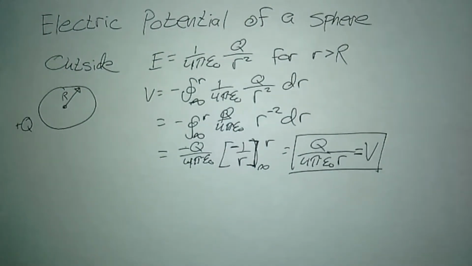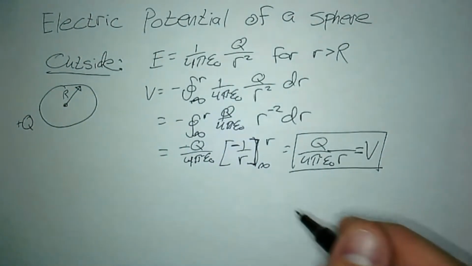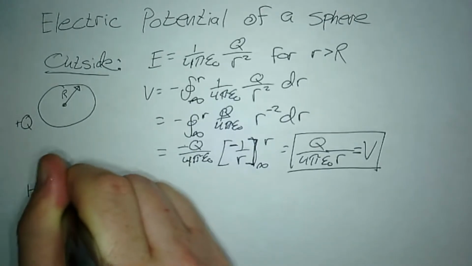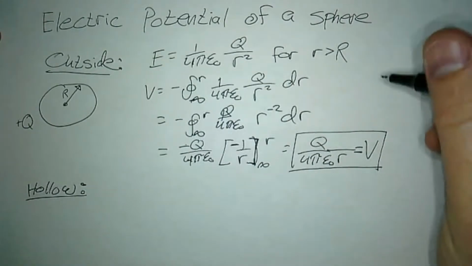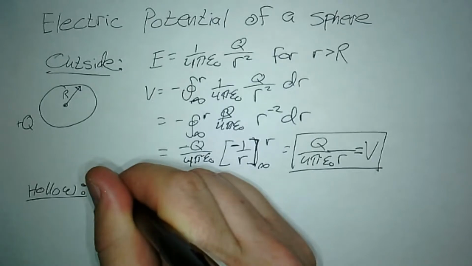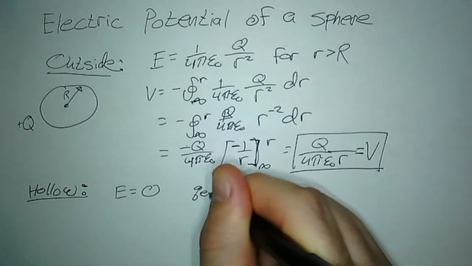Now, let's do the case where it's hollow first. That's going to be easier. So when it's hollow, my electric field is 0 because the charge enclosed is 0, right?